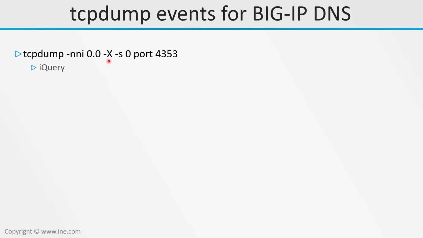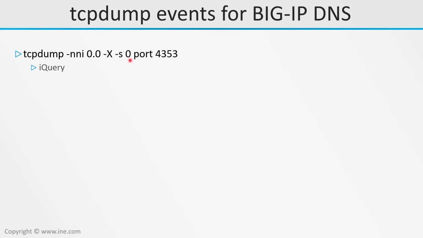The -X, when you're parsing and printing the actual data in the headers, will print the data of each packet minus the link level header in hex and ASCII. It's a nice way to analyze newer protocols. The -s is snaplen.